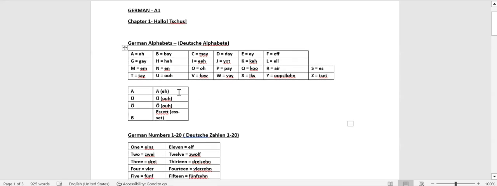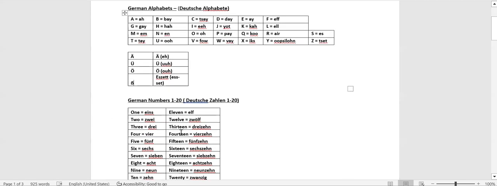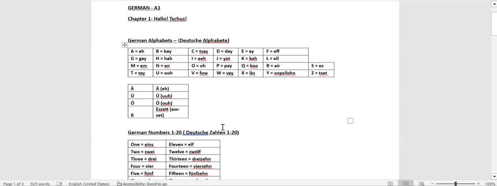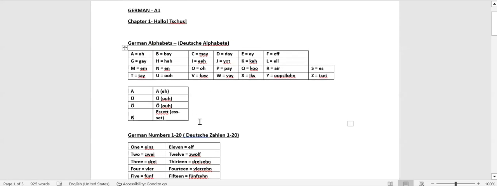You can pronounce them as A, O, U, and ß, which sounds like S. You can practice this.